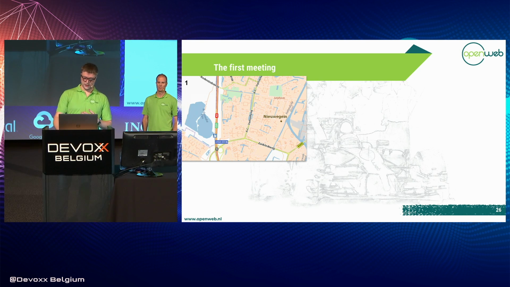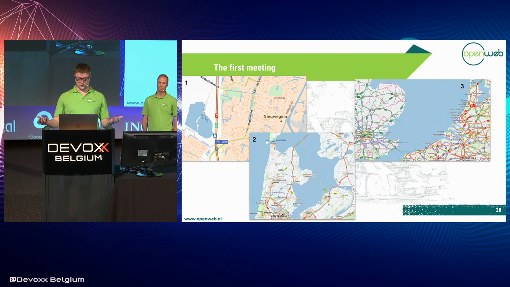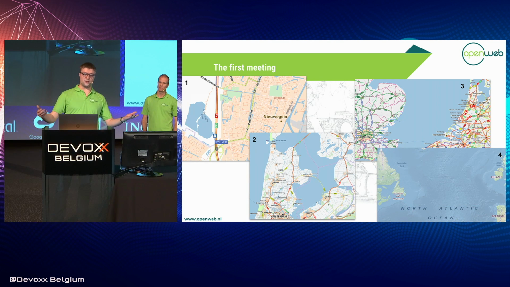Then the next step would be the IJsselmeer, because it's much bigger and it has almost sea-like conditions, except the waves are less high. Then we would go for the North Sea, where we would go from the Netherlands to England, and as the last step of the project, cross the Atlantic.